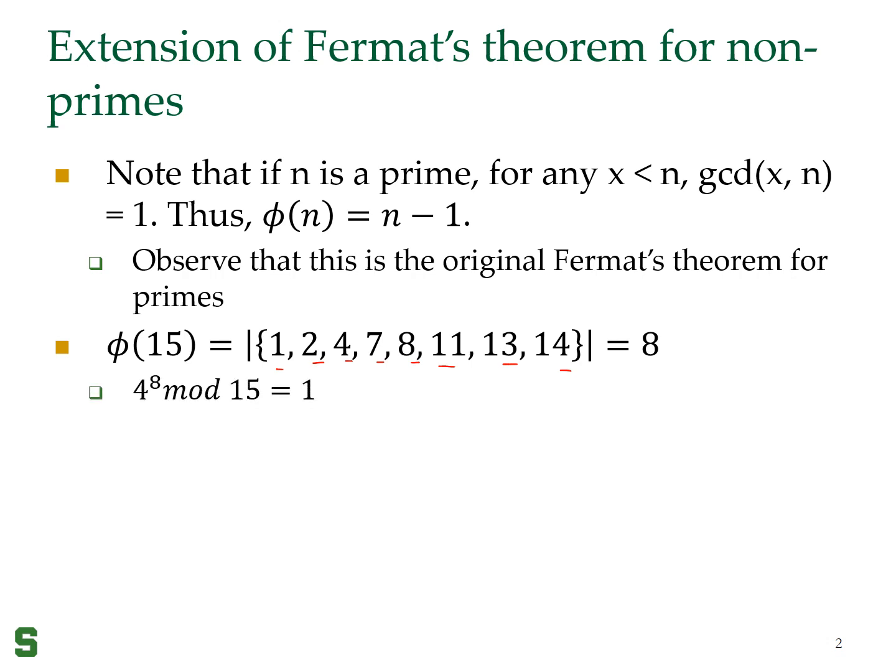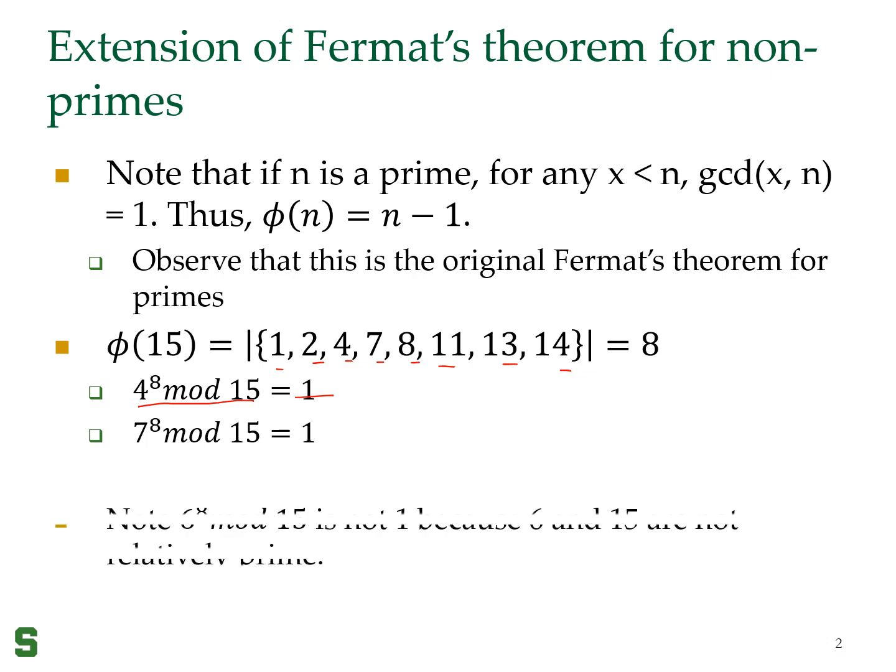This means that we can conclude that 4 to the power 8 mod 15 is 1, 7 to the power 8 mod 15 is 1, and so on. Note that 6 to the power 8 mod 15 is not 1 because 6 and 15 are not relatively prime.